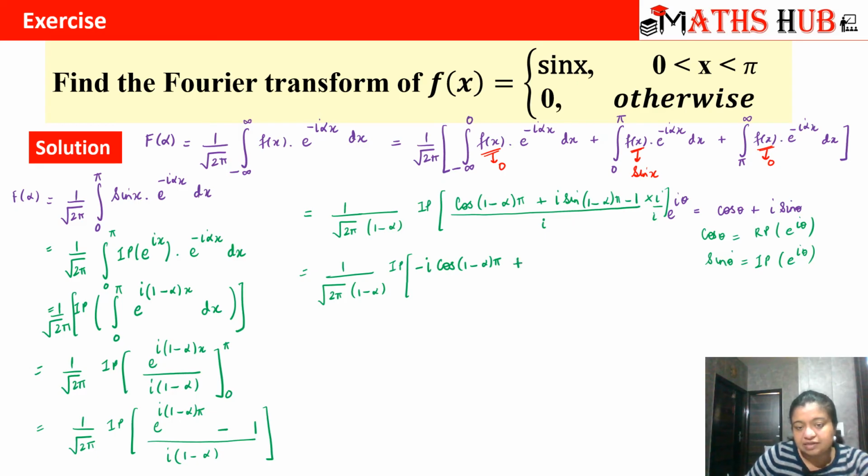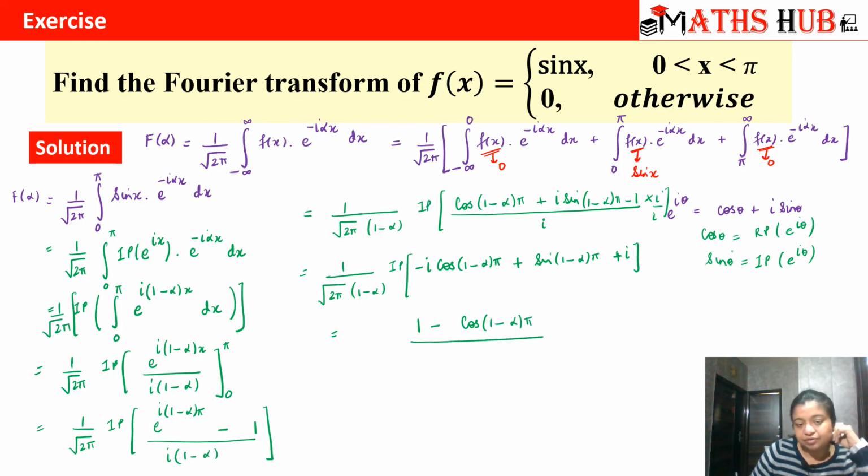So it will become plus sin (1 minus alpha) pi. And then here also we will get minus, so it will become plus iota, right? And now when I take out the imaginary part of this expression, it will become 1 minus cos (1 minus alpha) pi divided by under root 2 pi into (1 minus alpha). So this becomes your answer.